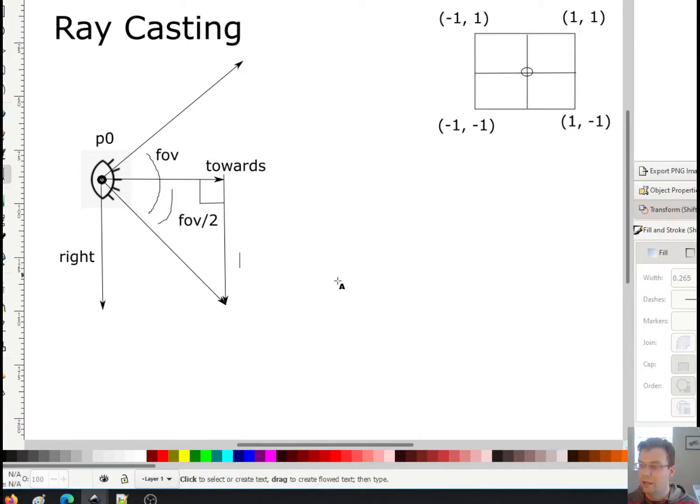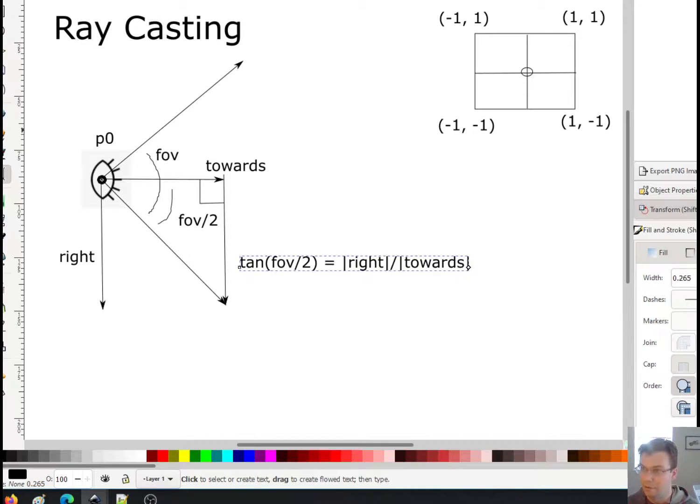So what I'll say is the tangent of field of view over 2, the trigonometric tangent, is equal to the length of the component in the right direction over the length of the component in the towards direction at this extremity here. Okay, so the ray that's going all the way down.